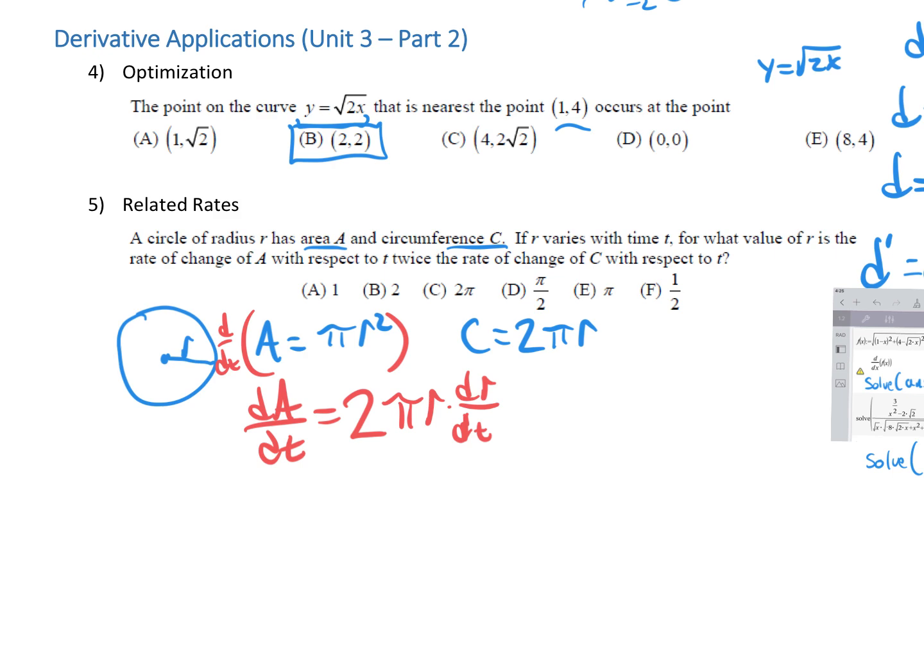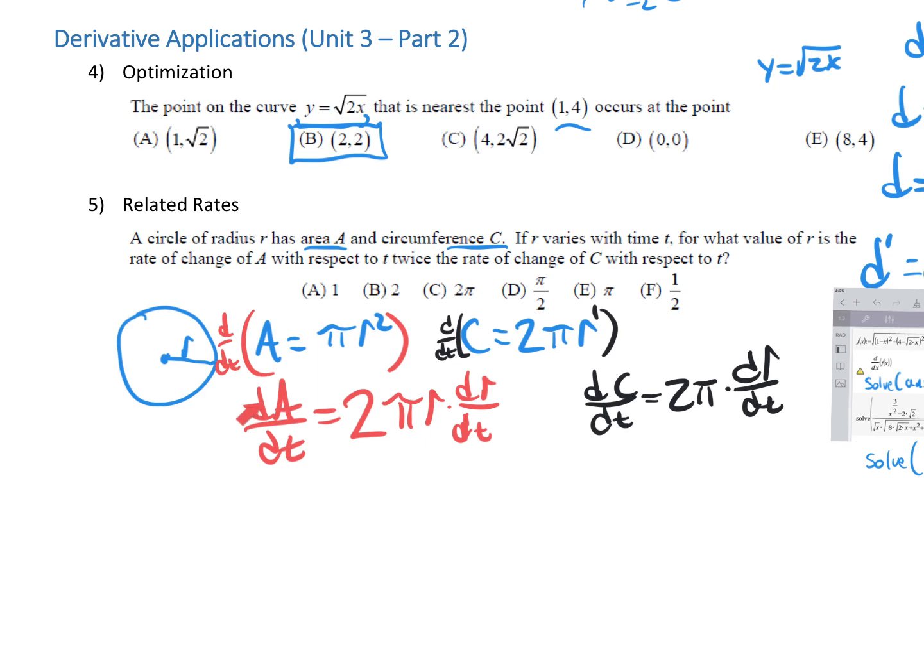What about the derivative of C here? Well, that's dC/dt equals 2 pi times dr/dt. We got an exponent of 1 here, so drop that 1 down. The r goes away because we subtract the 1, but you got the inside dr/dt.